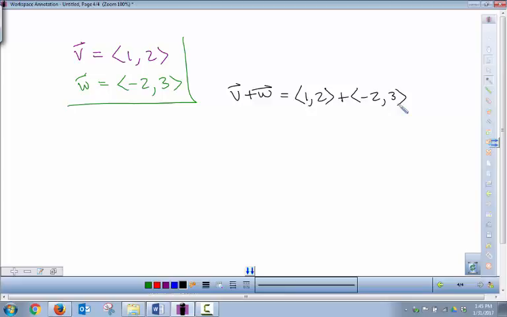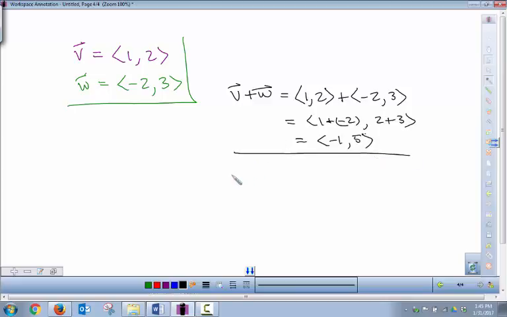And the way we would do this is literally just adding component by component. So it would be 1 plus negative 2, comma 2 plus 3. And that would give us negative 1, comma 5.